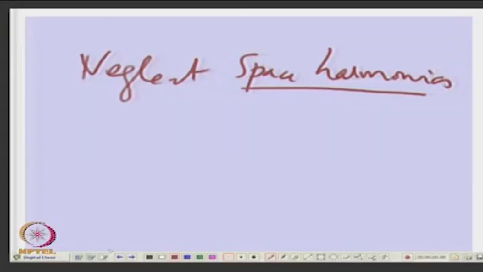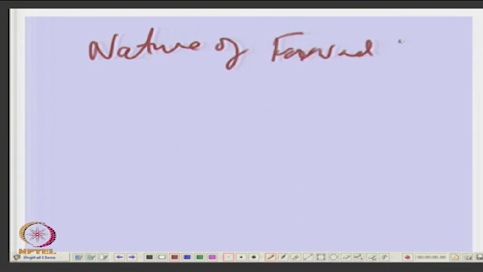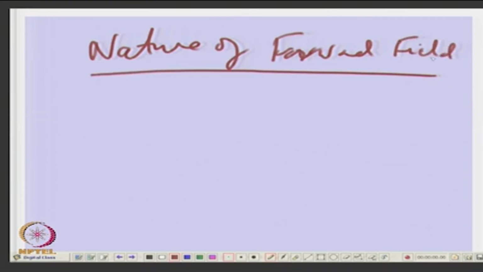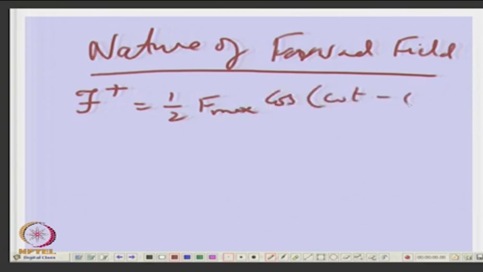So, what is the nature of these fields now? Let us say the nature of the forward field. What is the nature of the forward field? We have written F plus as half of F max cos of (omega t minus theta). This is one field. What does it mean?